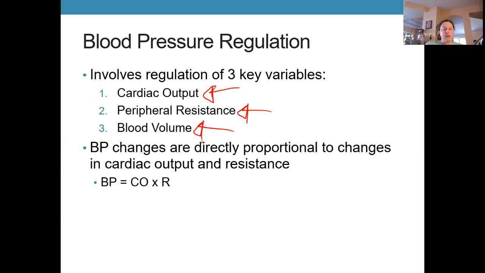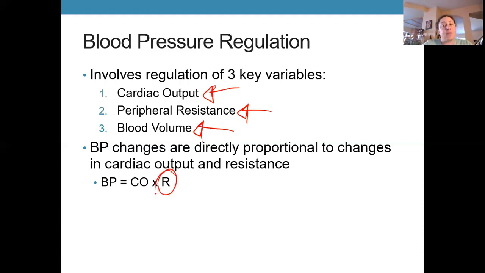So blood volume is going to be a major player too, because the amount of blood in the total system is going to dictate how much is available to pass around, as well as the body's ability to change blood pressure through the heart. So remember that blood pressure changes are going to be quite dependent on cardiac output. They're also directly proportional to resistance.